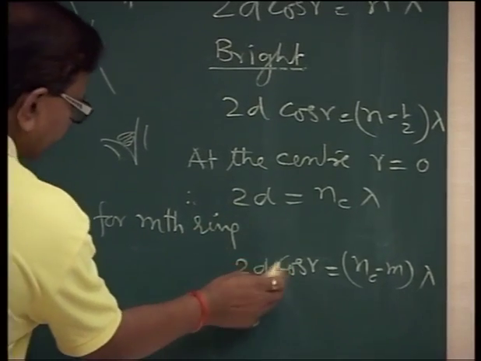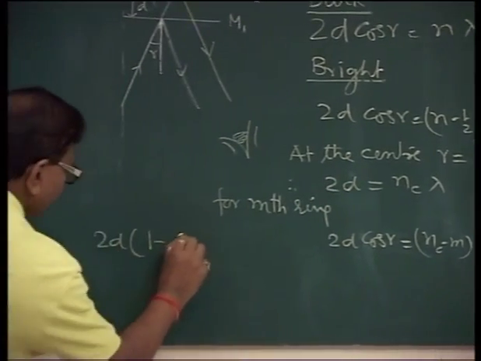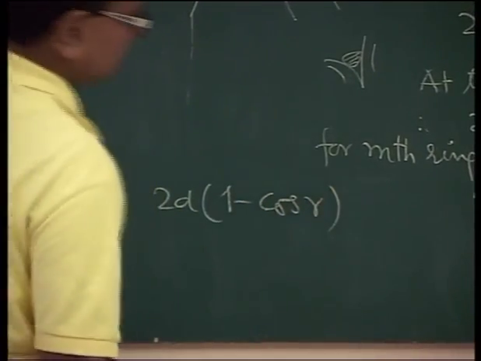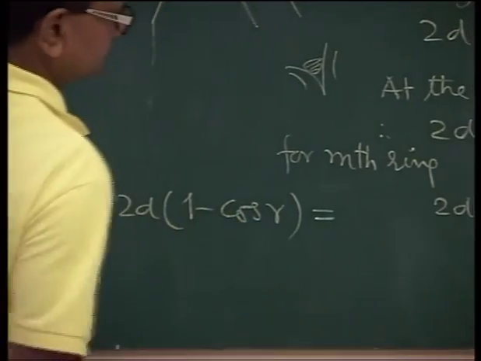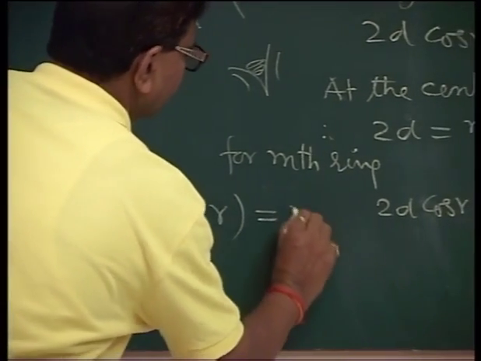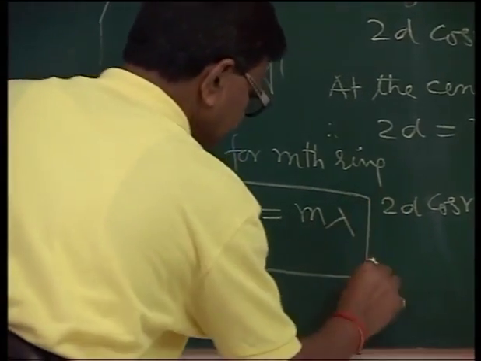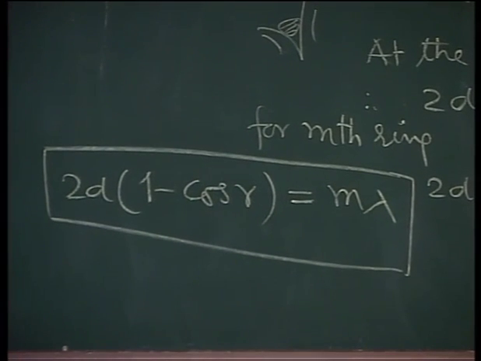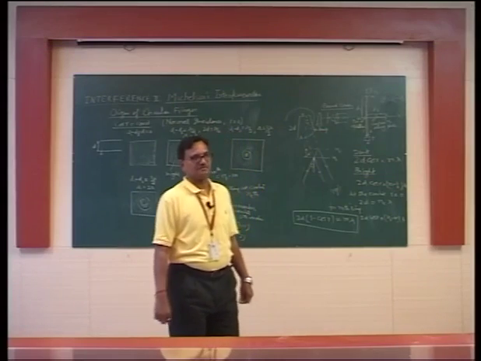Subtracting the second equation from the first, 2d (1 minus cos r), or we can call it cos theta, doesn't matter, equals m lambda. This is the formula which will be used in calculating various parameters relating to Michelson's interferometer.